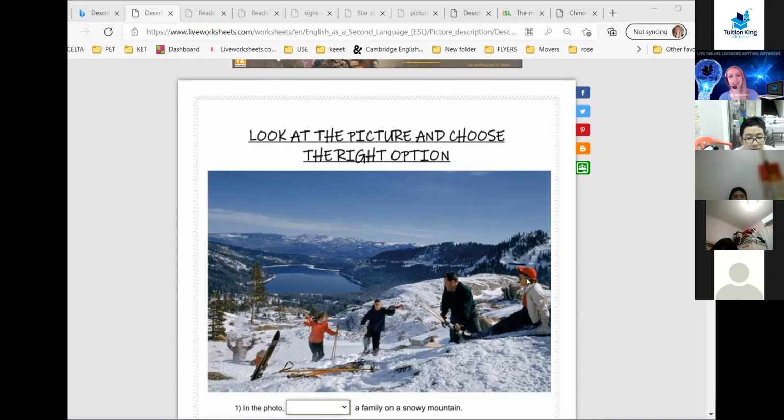Bernice, do you want to try? In the photo, I can see a family on a snowy mountain. Awesome, cool. Maybe they are on holiday.